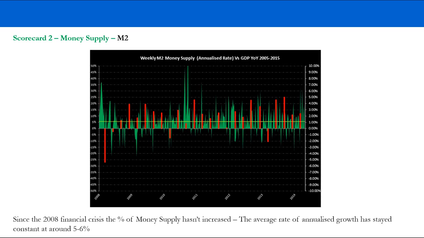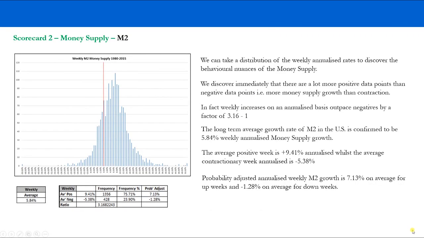And the average rate of annualized growth has stayed constant at around 5 to 6%. So how do you get the nominal number increasing well above trend, but the percentage number on a weekly basis continuing to stay around the long-term average?